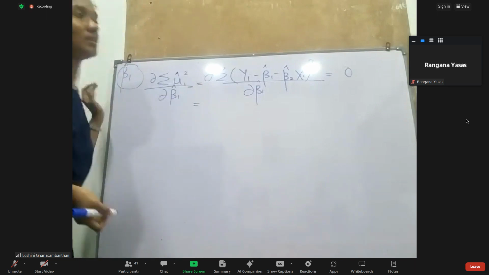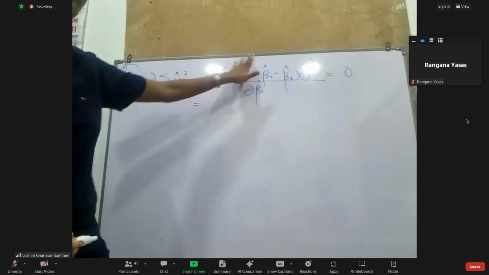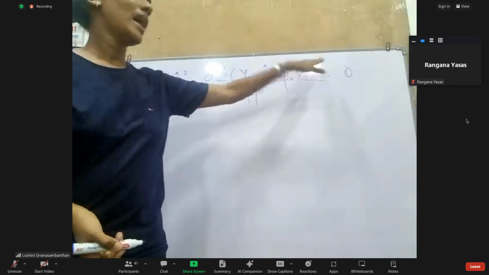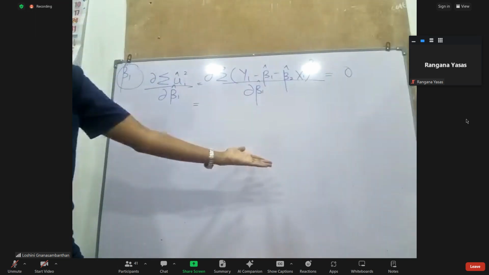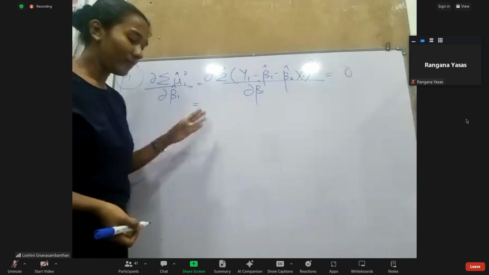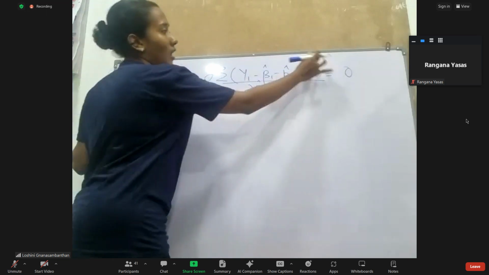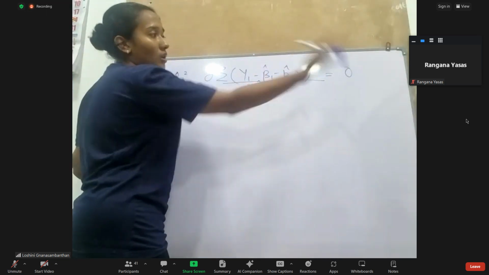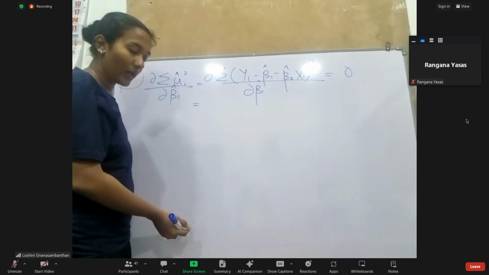Now can you see that this function is inside? This is one function inside, and the square is an outer function to it, right? So what we are going to do is we are going to solve the outer function first. Okay?